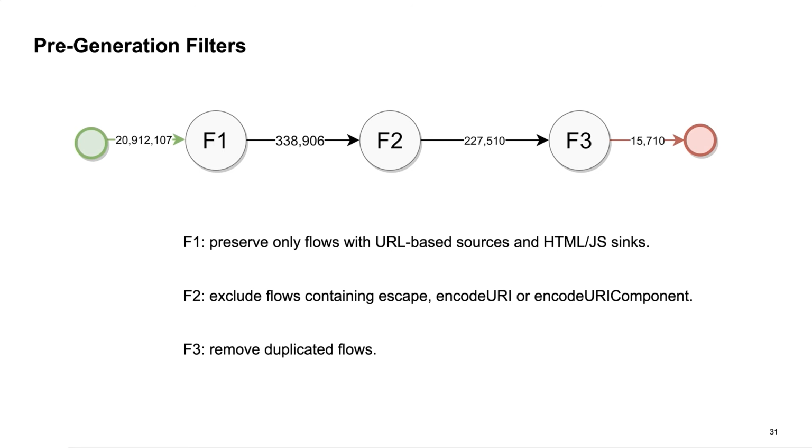In total, out of 21 million flows, only 15,710 were the suspected ones. And for those, we generated the exploits in the second phase.